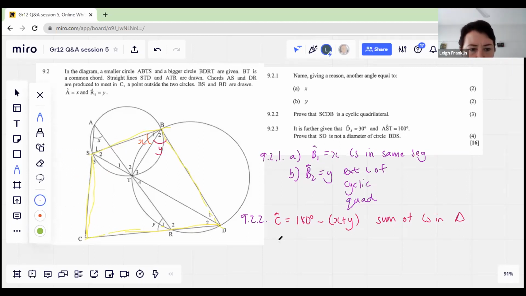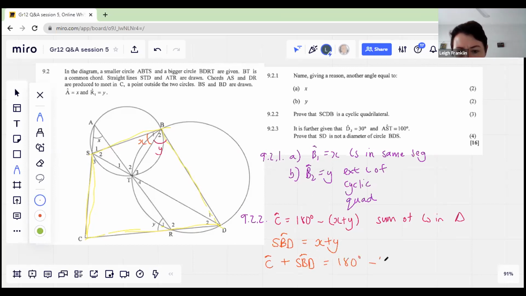So angle SBD is equal to X plus Y, and that comes from 9.2.1.